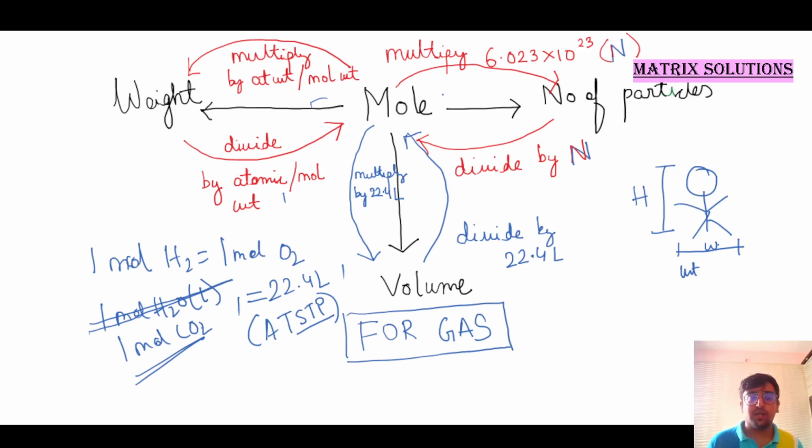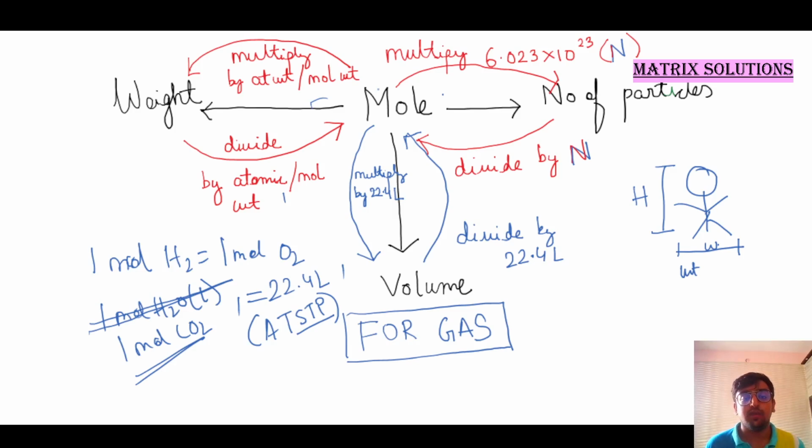So if it is said that 2 moles, then simply it is your unitary method. 1 mole corresponds to 6.023 into 10 to the 23 molecules. Then how many molecules will be there in case of 2?